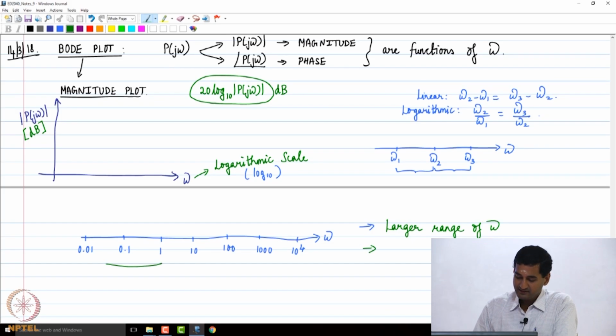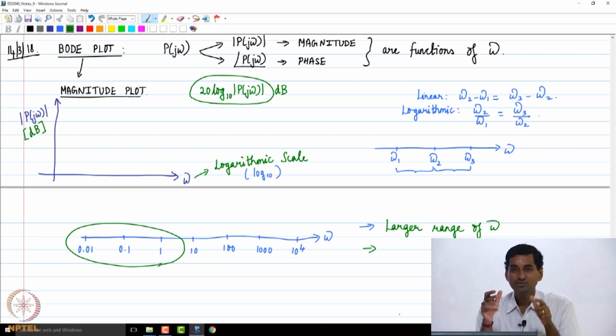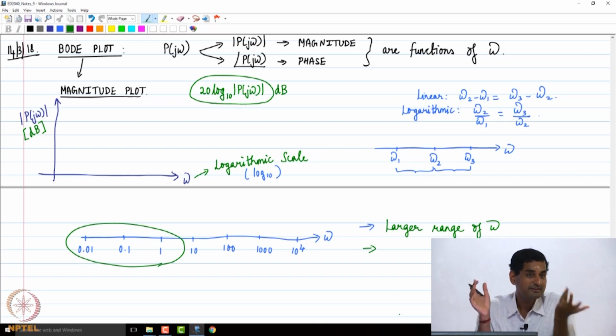You can also expand the low frequency range. By and large, in many practical applications, you will see that the low frequency range is also of equal importance as the high frequency. For example, if you use a linear scale where 1 unit is 1 radian per second, you go from 0, 1, 2, 3 and so on, so 0.1 is going to lie between 0 and 1. 0.01 is going to be very difficult to plot in a linear scale.